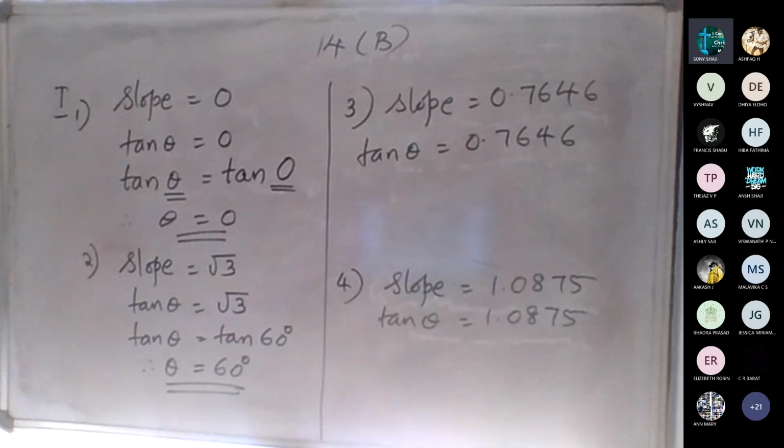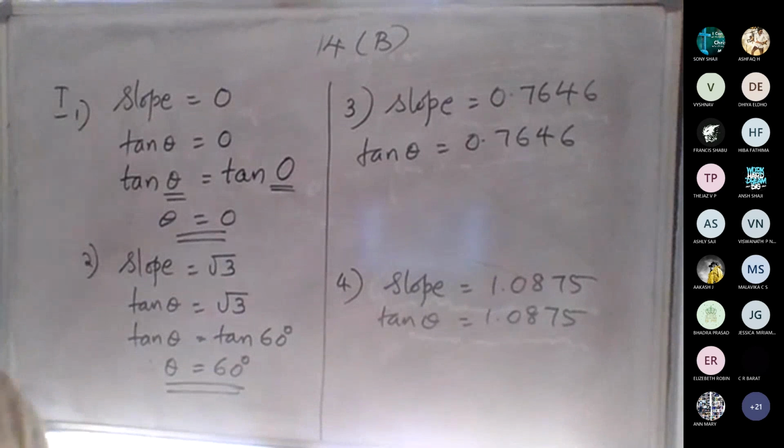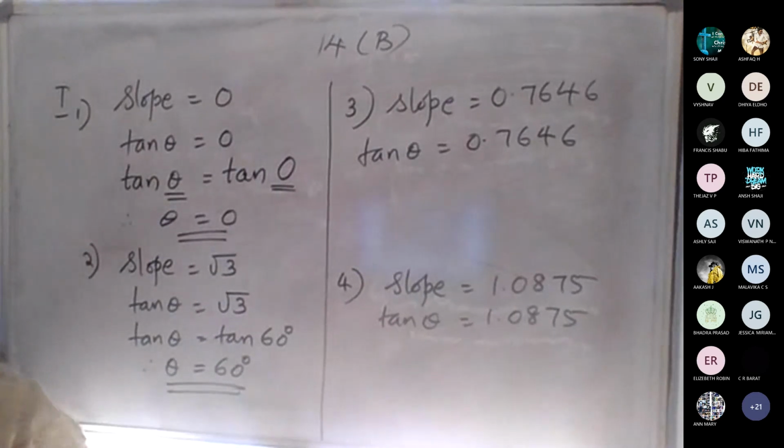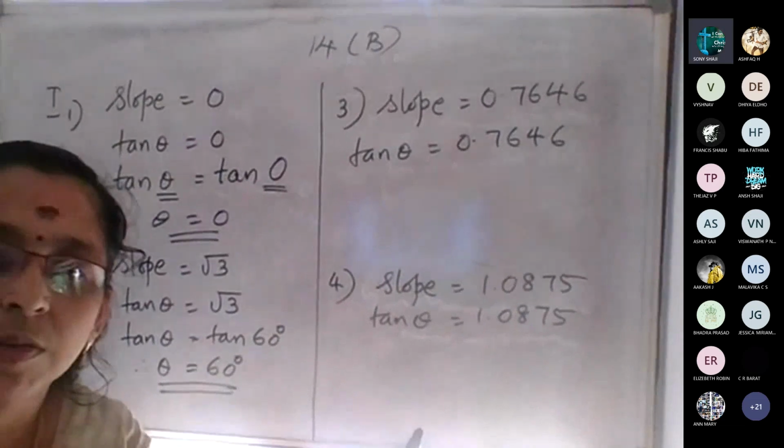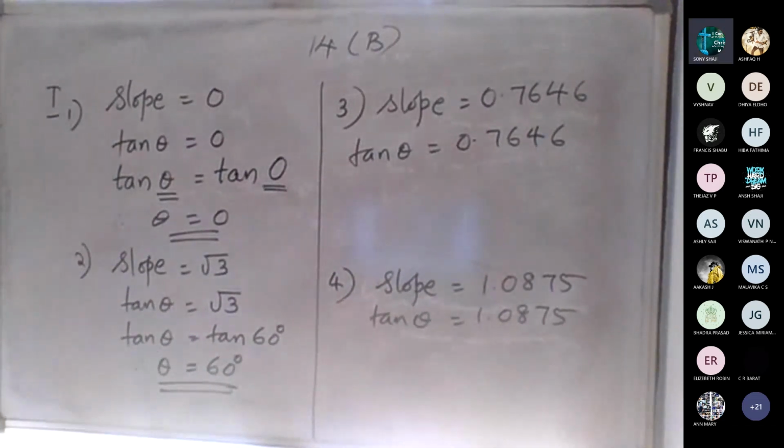Next question. Slope 0.7646. 32 degree 24 minutes. You have to take that also.